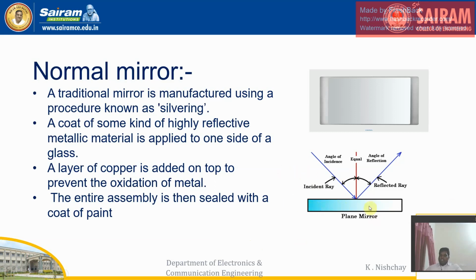Now think of this as a normal mirror, where the incident ray falls on the mirror, and the amount of incident ray falling on the mirror is equal to the reflected ray. This is the normal ray definition.